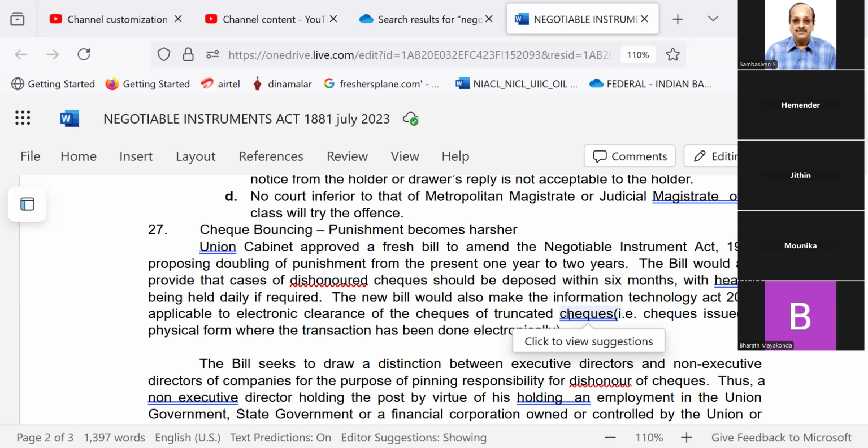The bill would also provide that cases of dishonored checks should be disposed of within 6 months, with hearing being held daily if required. The new bill would also make the Information Technology Act 2000 applicable to electronic clearance of checks and truncated checks, that is, checks issued in physical form where the transaction has been done electronically.